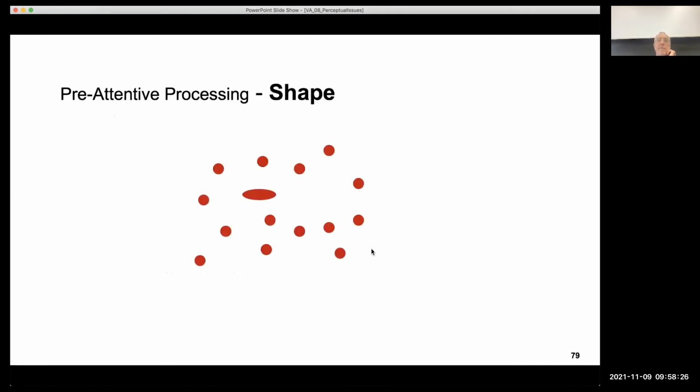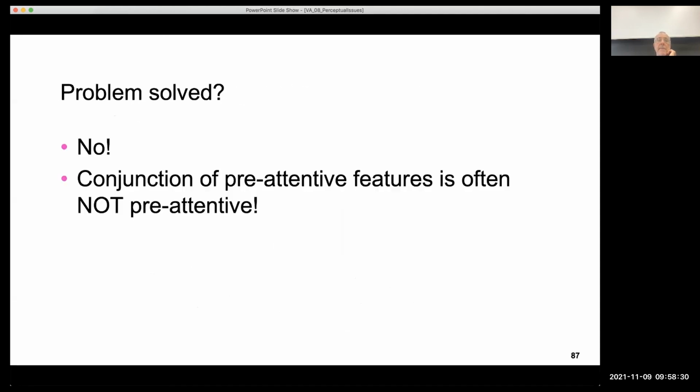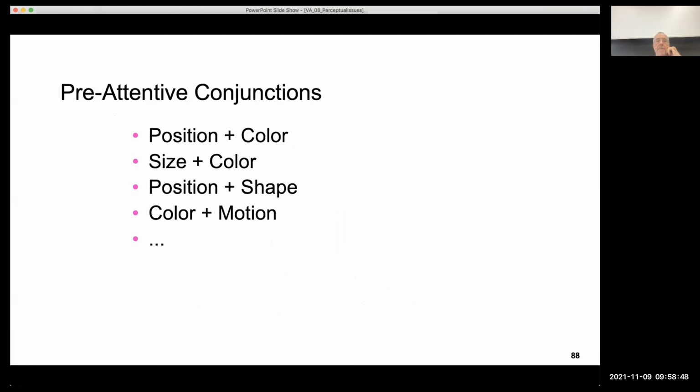It is not so. Pre-attentiveness is quickly killed by combining features. If you put together 2 features, each of them pre-attentive, their combination is not. I show you this experiment.